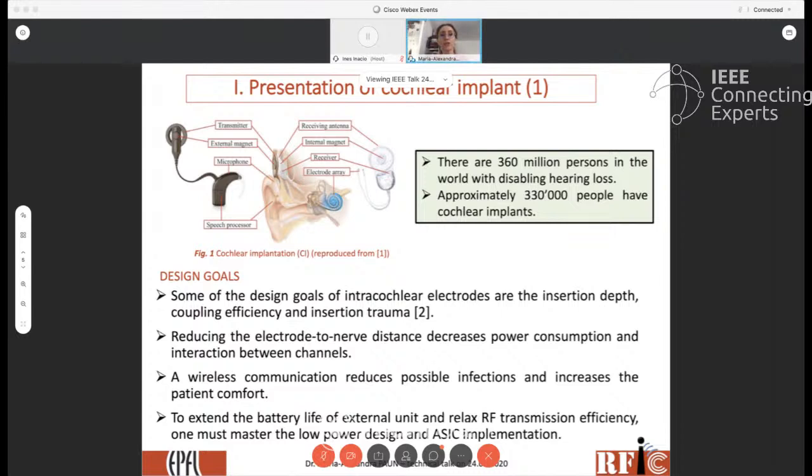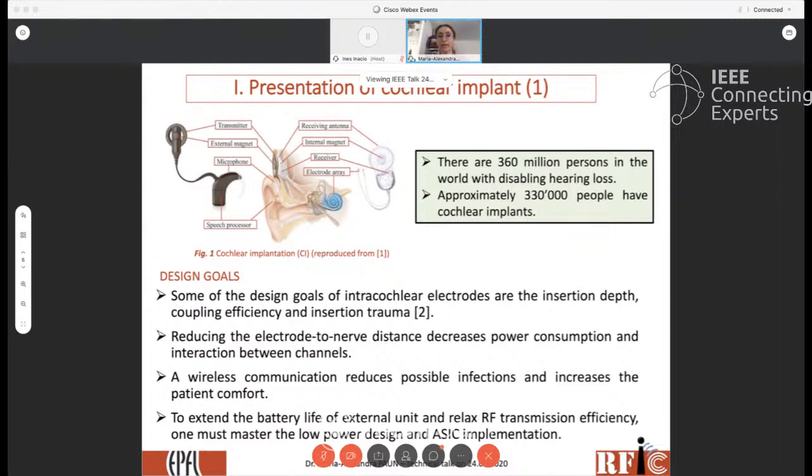In this way, we are bypassing the damaged auditory nerve in order to electrically stimulate the cochlea via an array of electrodes. In order to do so, the sound signal will be transformed into bits by the digital signal processing block of the external unit and sent out via a radio frequency link to the second antenna inside the body, and therefore the now electrical signal will reach the cochlea and stimulate it.